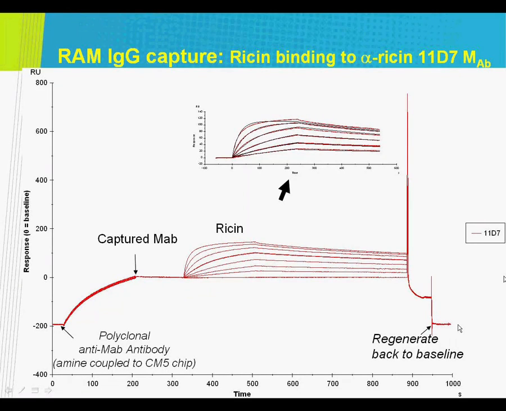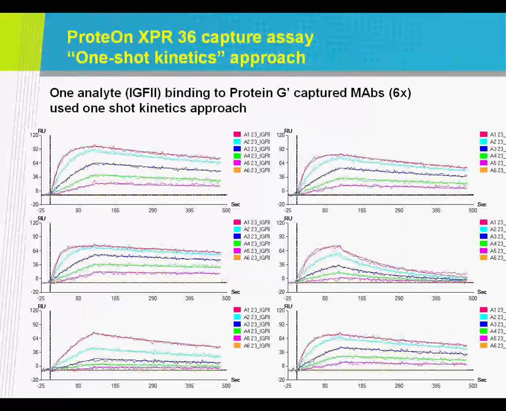In this case, it was IGF-2, and it will generate full kinetic binding data for up to 6 different monoclonal antibodies at one time. This shows the power of ProteOn, where you can generate this data very quickly and get a full set of kinetics. So the speed compared to other instruments is great.